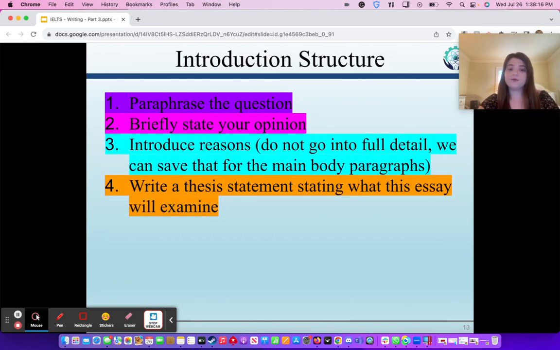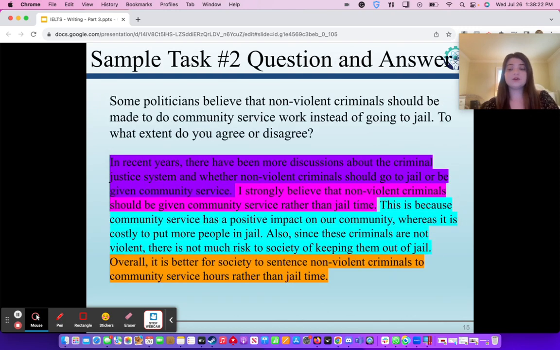So then number 4 is my thesis statement, and that's going to talk about what my essay will examine overall. And so here it says, overall, it is better for society to sentence nonviolent criminals to community service hours rather than jail time, right? So that's what I'm going to argue throughout this essay. Now, that said, you could be given this prompt and your thesis could be something totally different. Your reasons could be totally different. Your opinion could be totally different.